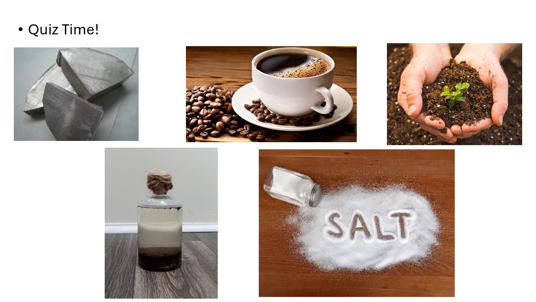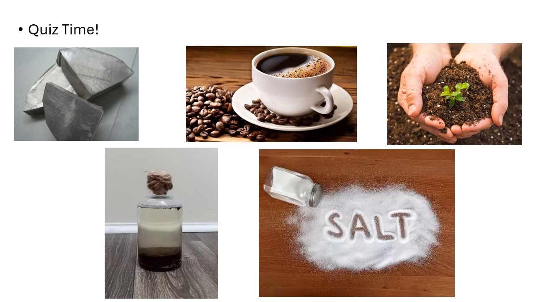Okay, so for the first image, on your top left hand side, is this shiny metal, right? This metal is actually sodium metal. So what is sodium metal considered as? If you think about it, sodium metal is a type of element in the periodic table, right?